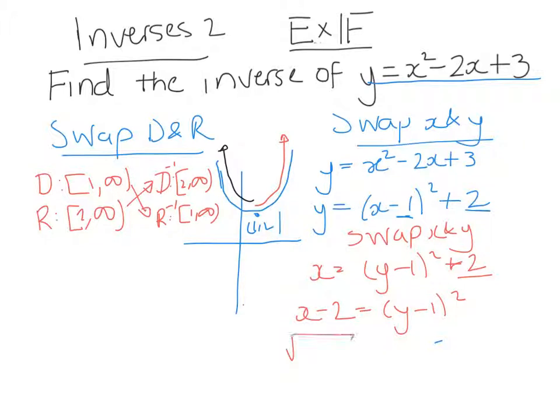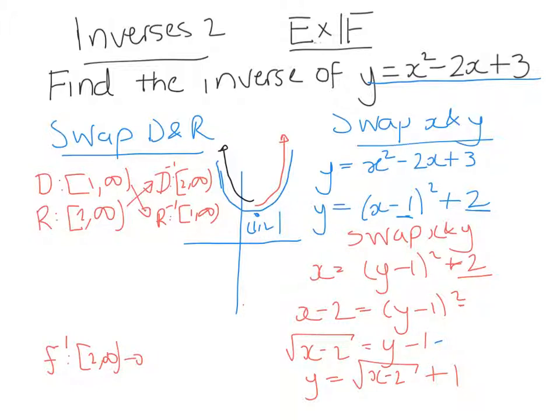We'd take the square root of both sides, and that square root would get rid of that square, so we'd end up with y minus 1, and we get y is equal to the square root of x minus 2, plus 1. So the inverse would be from 2 to infinity mapped onto 1 to infinity, and the inverse function would be the square root of x minus 2 plus 1.